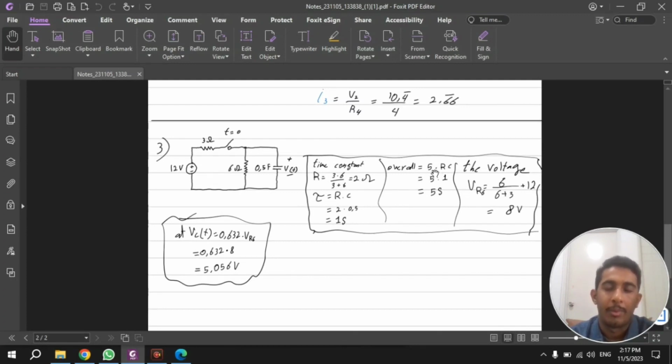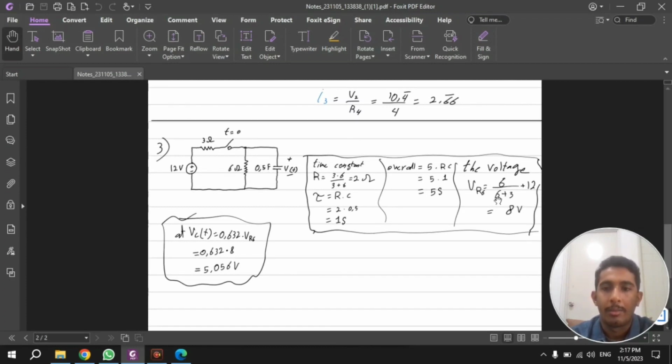We're gonna take 5 seconds to see how much the capacitor is gonna charge. The voltage in here is gonna be 6 over 6 plus 3 multiplied by 12. It's gonna be 8 volts in here.